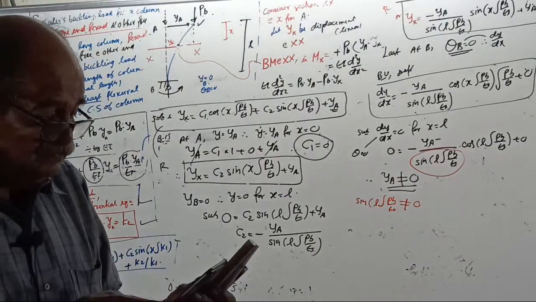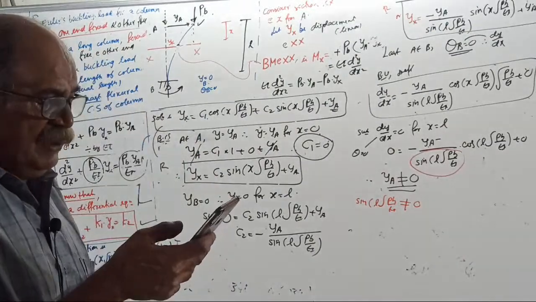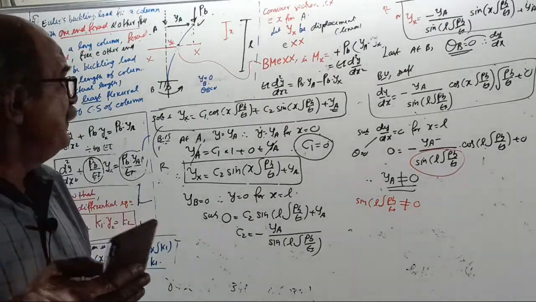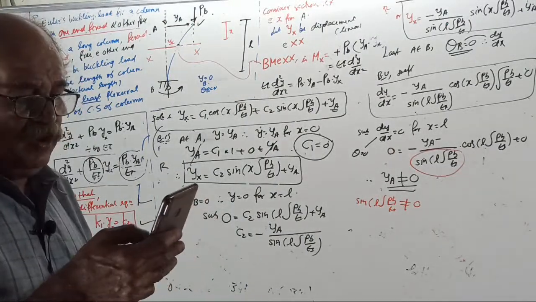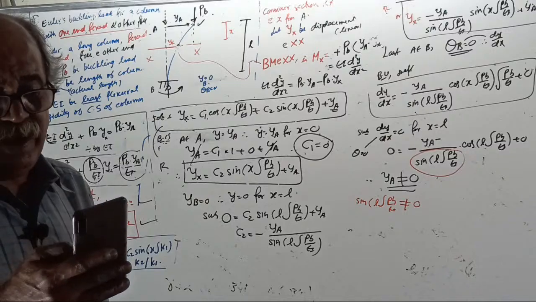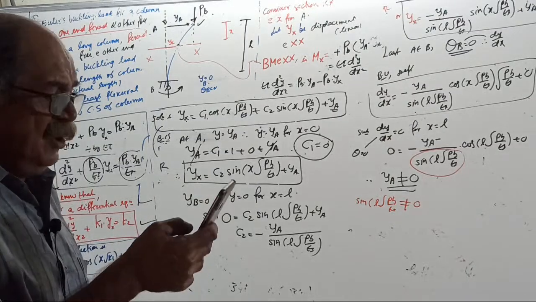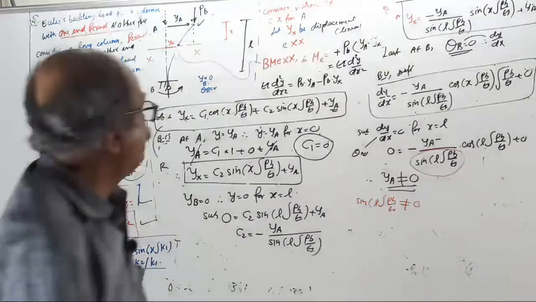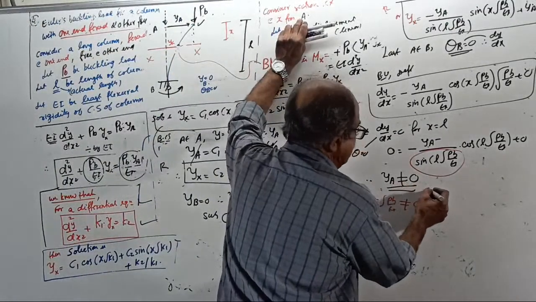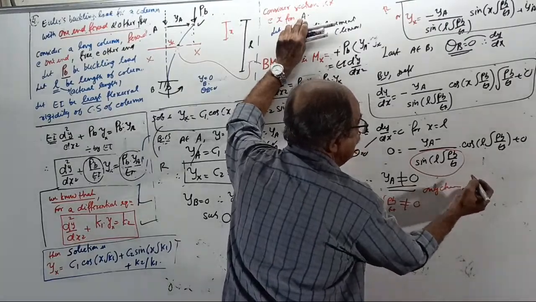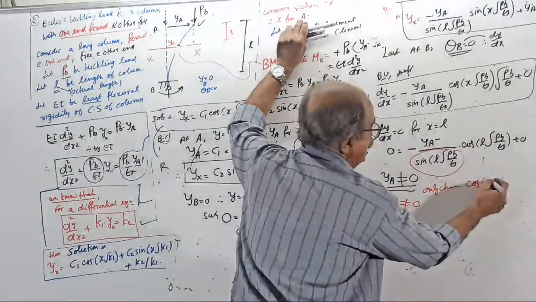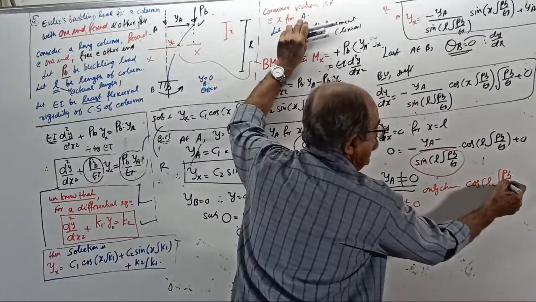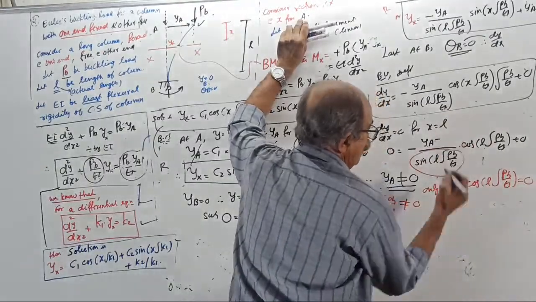It will become infinity. So the only possibility is cos(L√(PB/EI)) equal to 0.